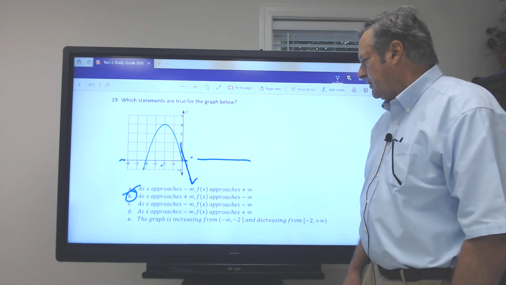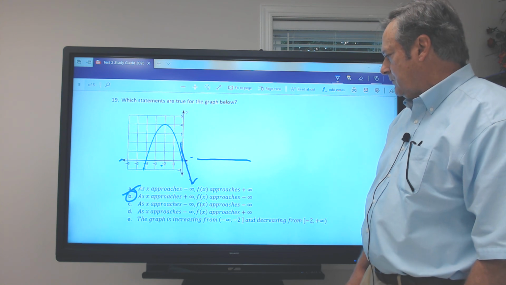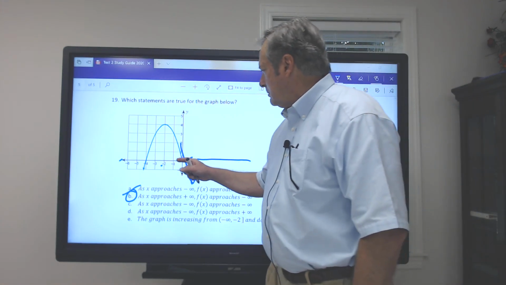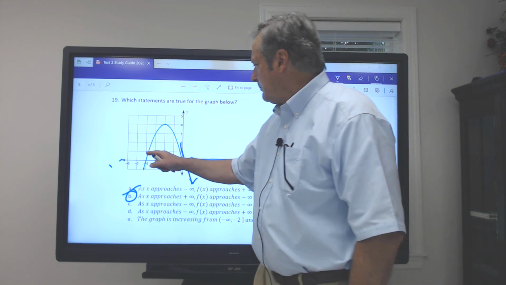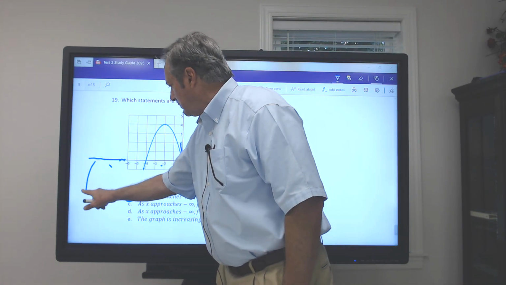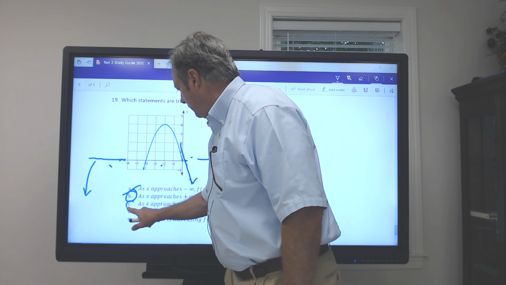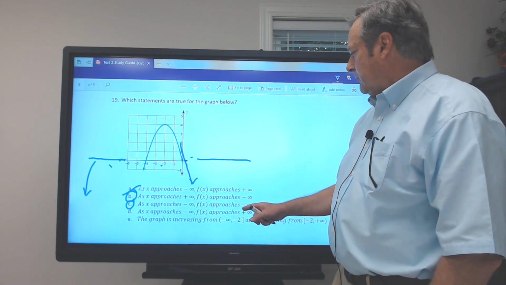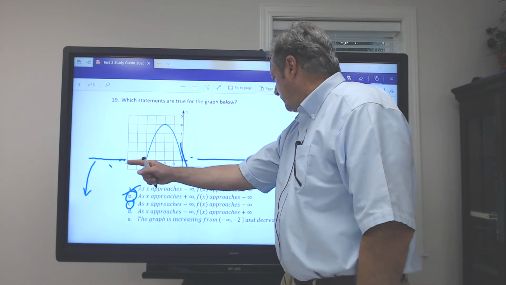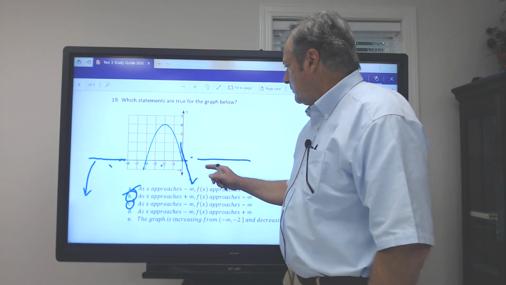All right, how about C? As x approaches negative infinity, the y values also approach negative infinity, meaning as we're going up here, is it also going down? Yep, so C is correct also. All right, as x approaches negative infinity, f of x approaches positive.